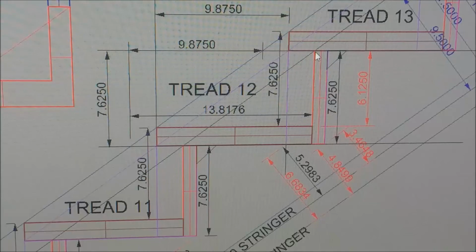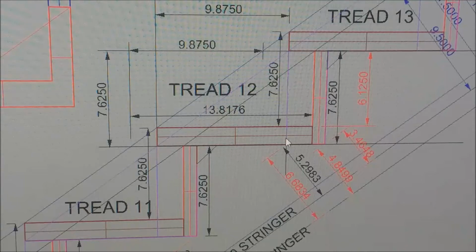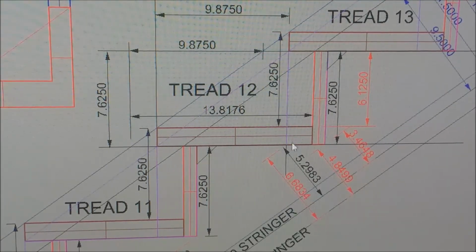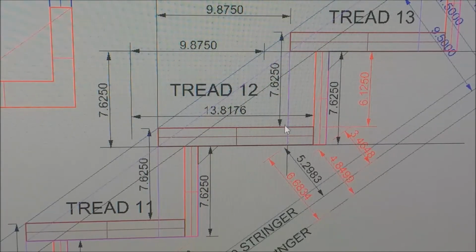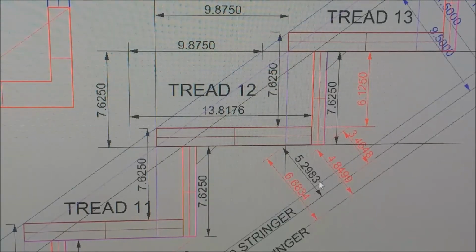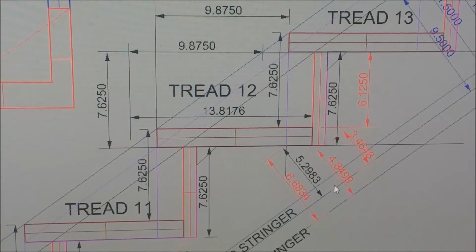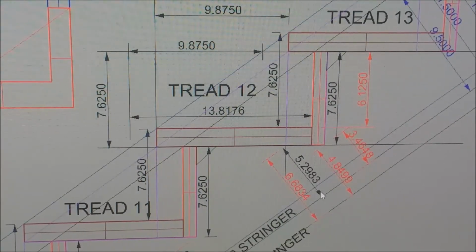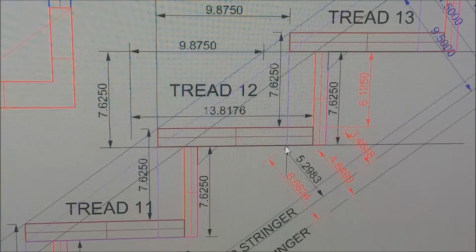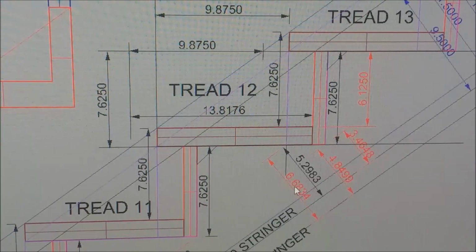Now, some of this is going to be dictated by how wide a piece of lumber you're using for your stringer. If we notched the treads, we would be cutting here, like this, and the distance from the notch you cut in to the back side of the lumber, if it was a 2x10, you'd have 5.2983. So 5¼ inches plus on a 2x10, and 6 and better 5/8 if it was a 2x12.